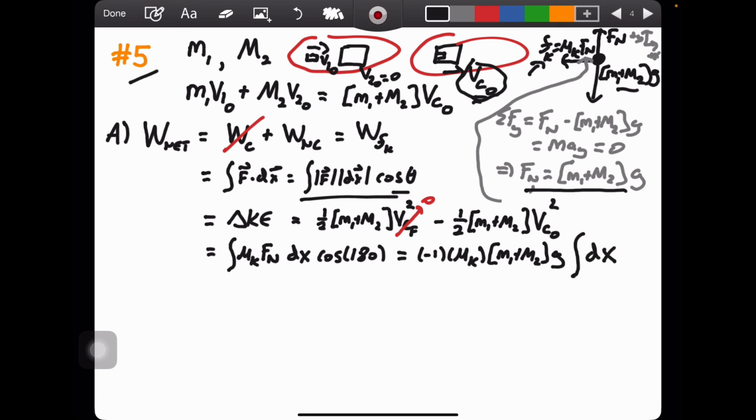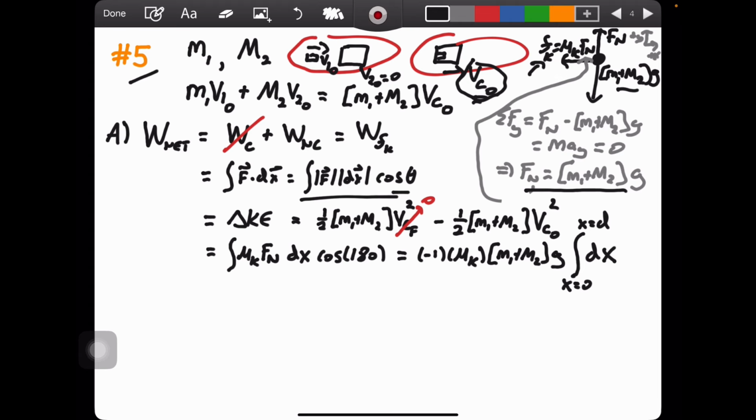That's going to be an easy integral to pull off. And dx is going to go from x equals 0 to x equals d. So d is going to be the total distance that this combined bullet block combination slides before it comes to a stop.